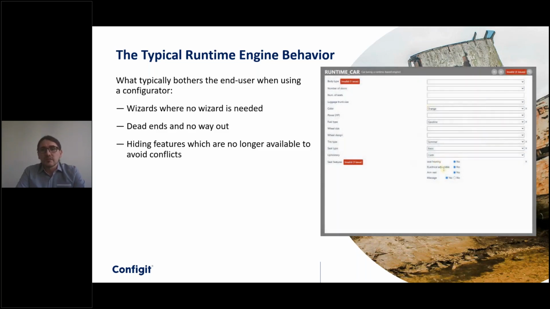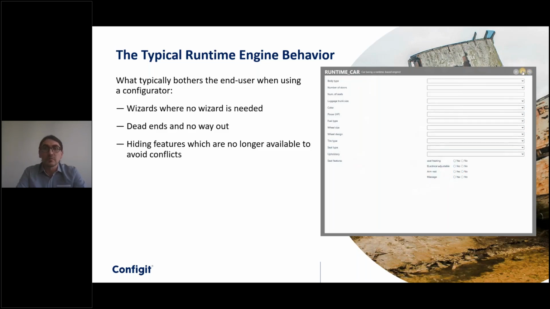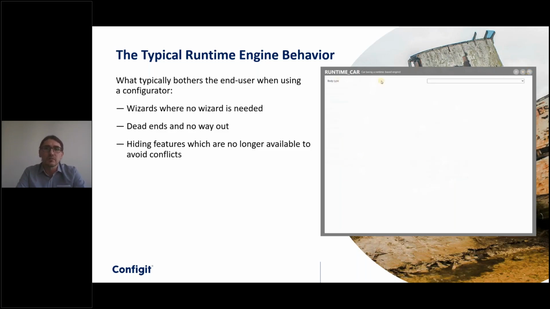Because of that, very often a wizard is applied in the configurator so that you are forced to go through the configuration in a specific order, like this one here. It means you can only select top down, step by step, to avoid getting into a dead end of something which is no longer available.